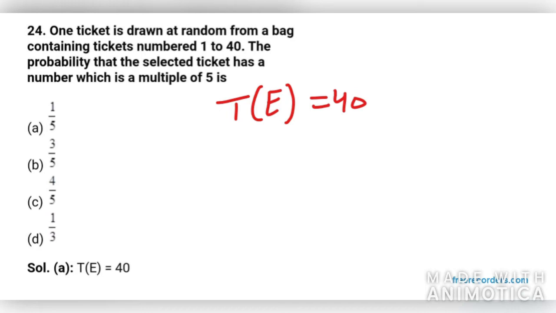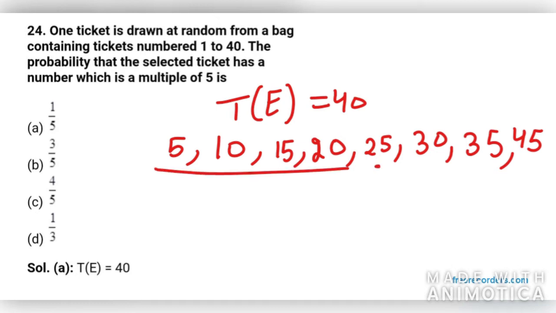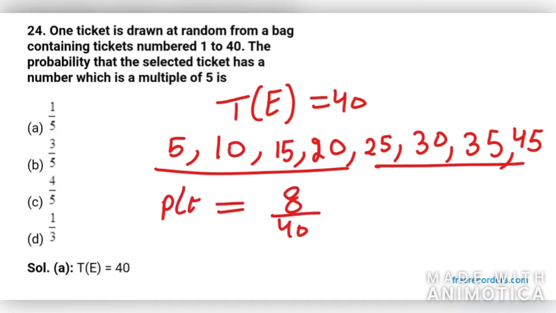So the favorable outcomes are 5, 10, 15, 20, 25, 30, 35, and the last one will be 40. They are all multiples of 5, so there are 8 multiples in total. The probability will be 8 over 40. If we reduce this, we get 1 over 5. That means A is the right option.